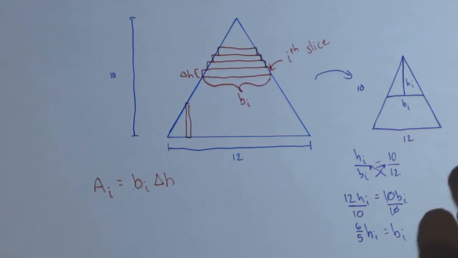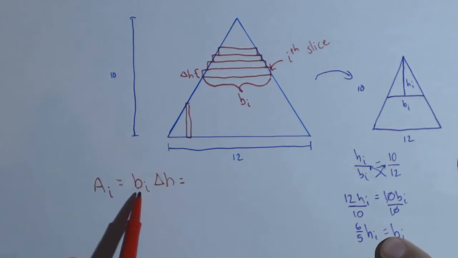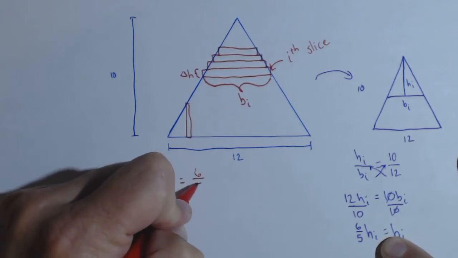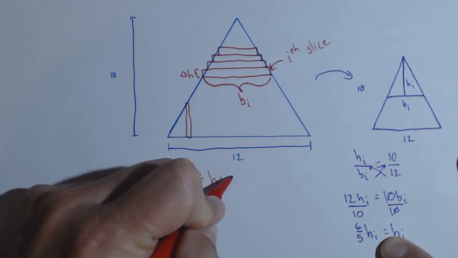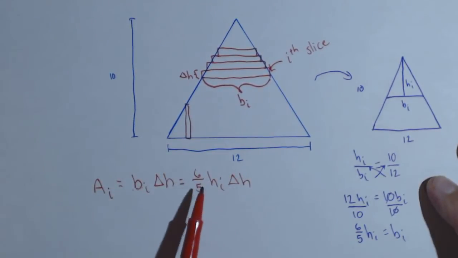What that's going to allow me to do is rewrite this. Instead of B sub I, I'm going to put in the 6/5 H sub I delta H. What we have there is the area of the ith slice. Think about what we would do in the past.